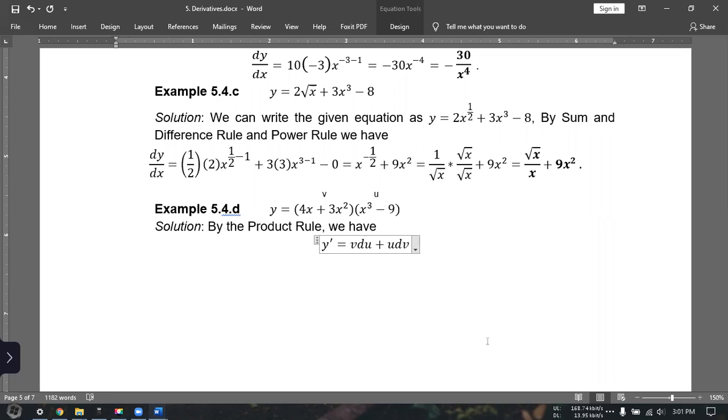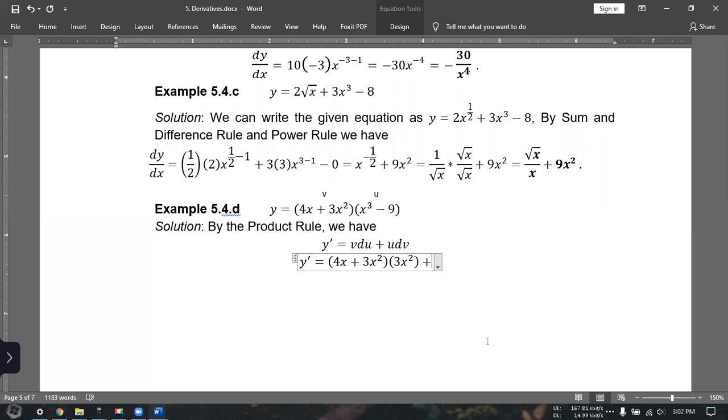Following that rule, we copy v, 4x plus 3x squared. And then the derivative of u: by power rule, we have 3x squared. Derivative of 9 is 0, plus.